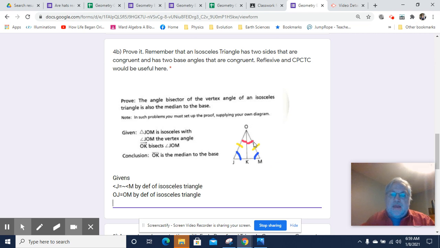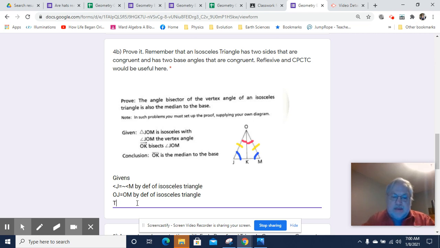We can establish now just by angle side angle that OJK and OMK are congruent. We could use the reflexive property to also establish that OK is congruent to itself. I'm not sure we even need to do that at this point. There are clearly different paths, and you may have taken a different path on this one, but this is one that I think is pretty straightforward.